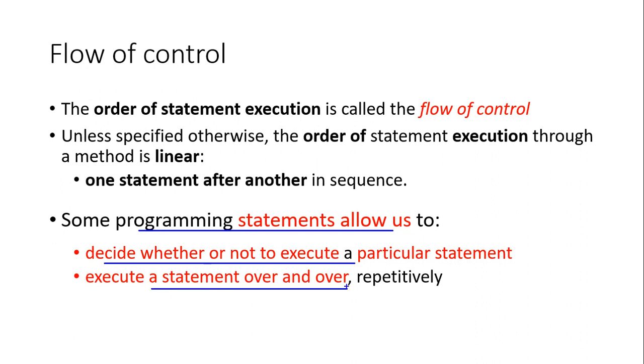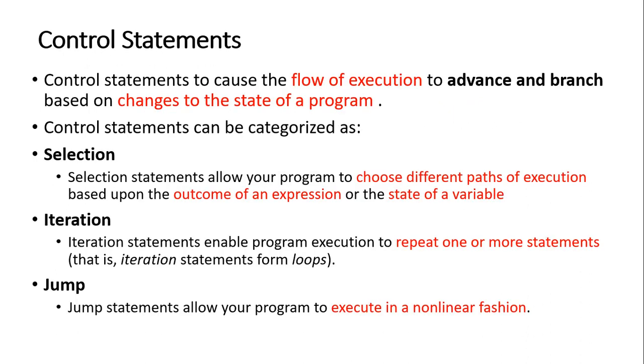These kinds of statements that help us control the flow of execution are called control statements. These help us to either branch or repeat a set of statements within the program depending upon the conditions.